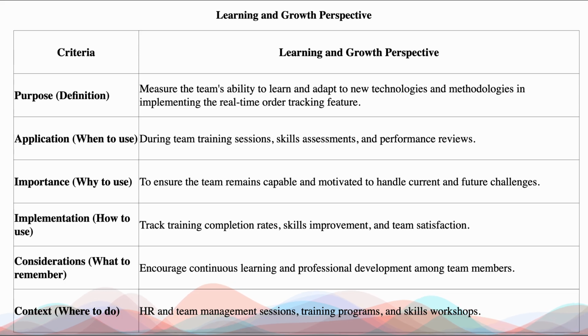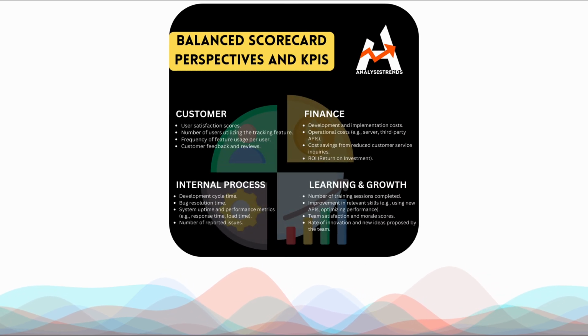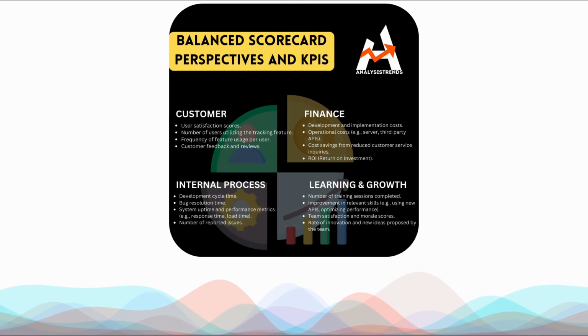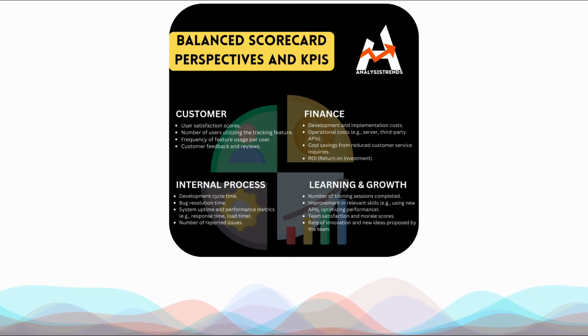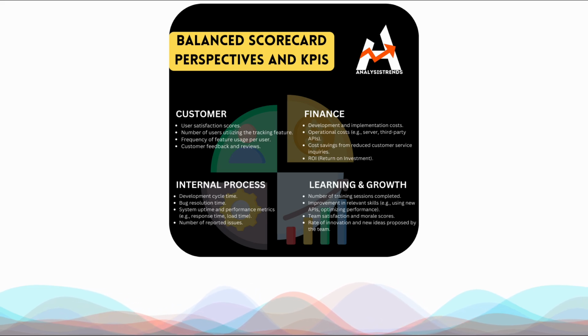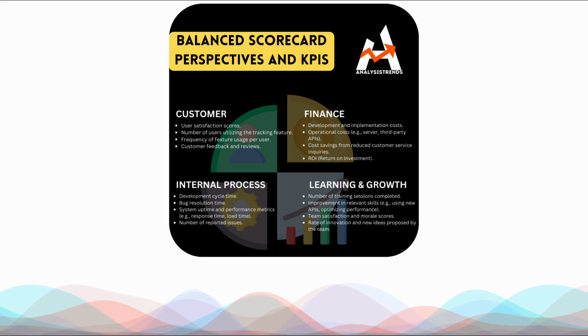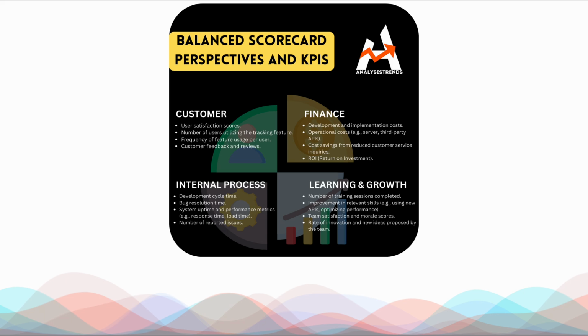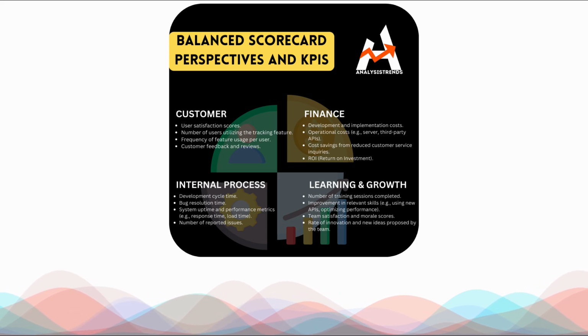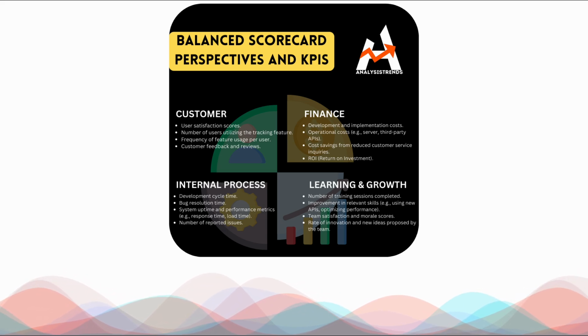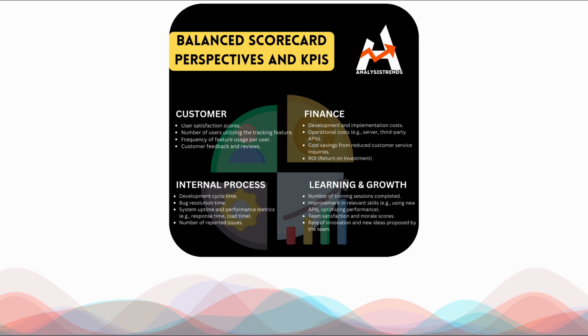Basically, this learning and growth perspective is for customers as well as for the internal team, the project members, and everyone. What are the KPIs you need to keep in mind? Number of training sessions completed in providing that feature information, improvement in relevant skills like using an API and optimizing performance. For example, the development team might need to work on APIs that are new for them, so they need to upskill.